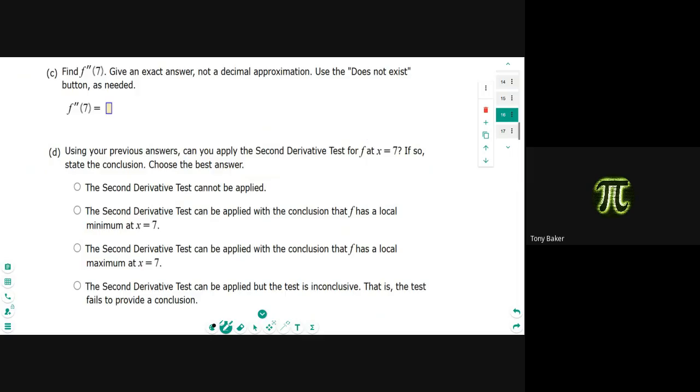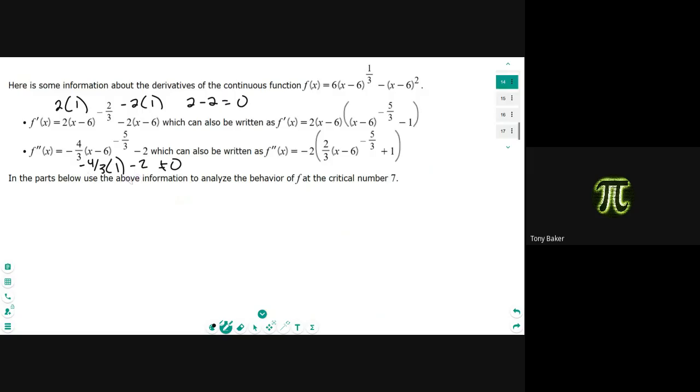Find the second derivative of 7. We kind of did up here. So we get negative 4/3 minus 2. So negative 6/3, so negative 10/3.